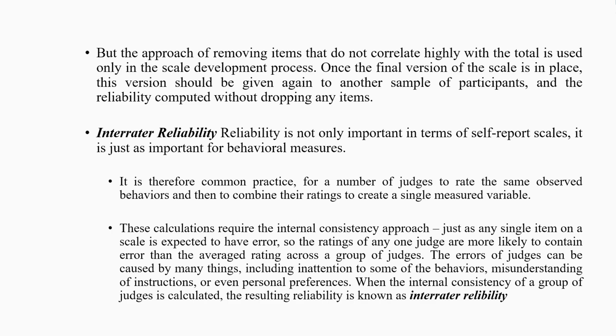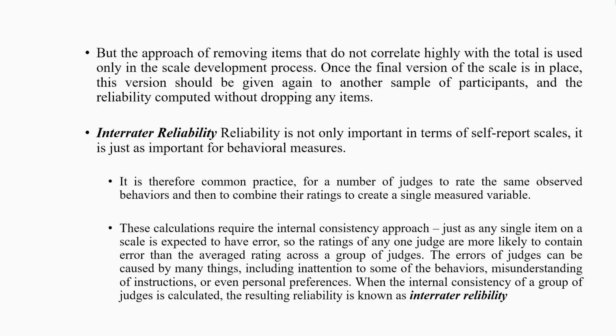Therefore, it is common practice for a number of judges to rate the same observed behaviors, and then we take an average or combine their ratings to create a single measured variable. So, there are item-level reliability estimates as well, and you also have to have inter-rater reliability, so that you have a broad sense of how the raters are answering on a particular item or whatever measure you are interested in. These calculations require the internal consistency approach as well.